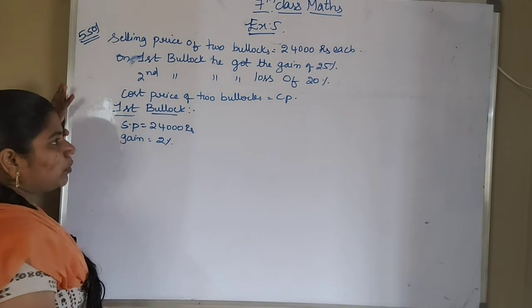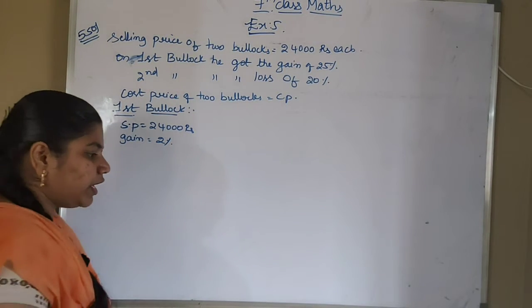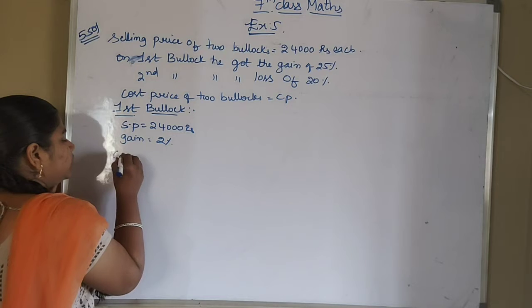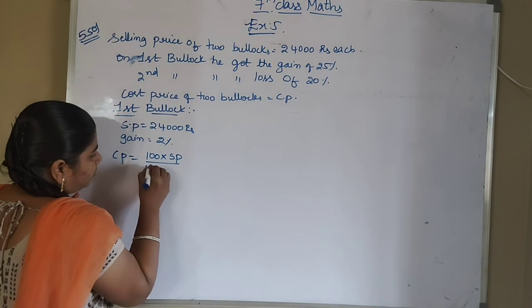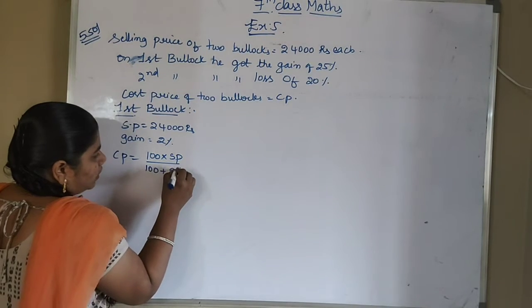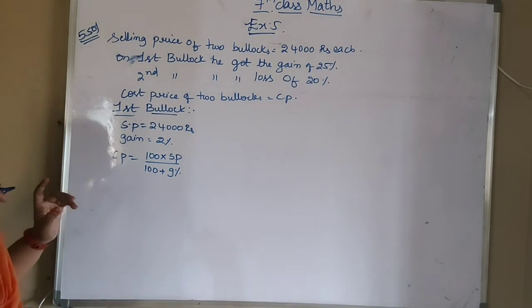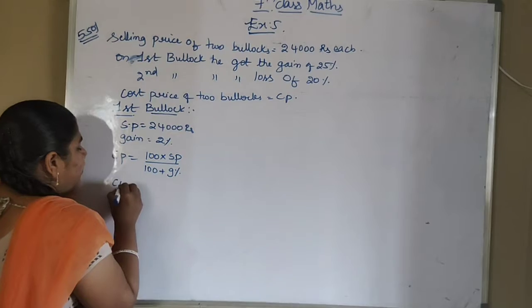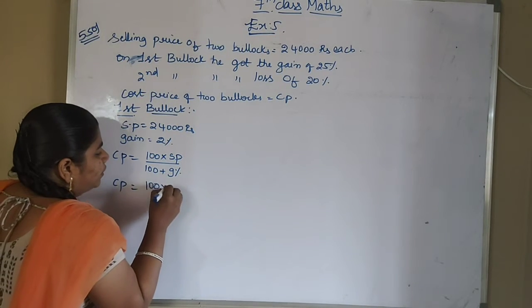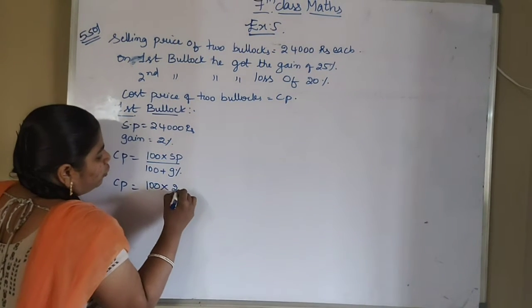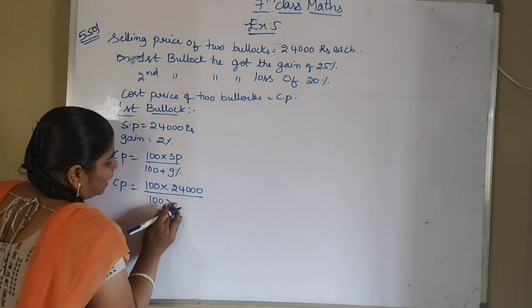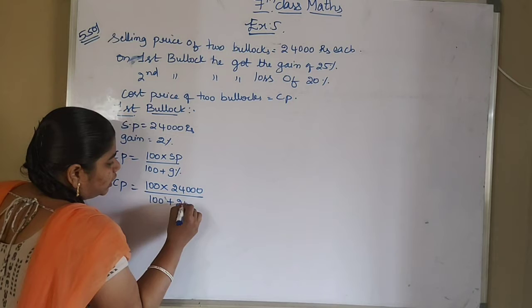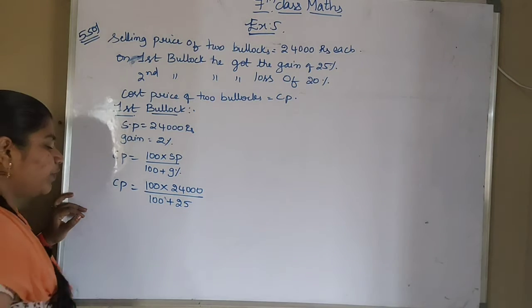CP is equal to 100 into SP by 100 plus gain percentage. Already we used it in the earlier formula. So CP is equal to 100 into 24,000 by 100 plus 25, that is 25%.